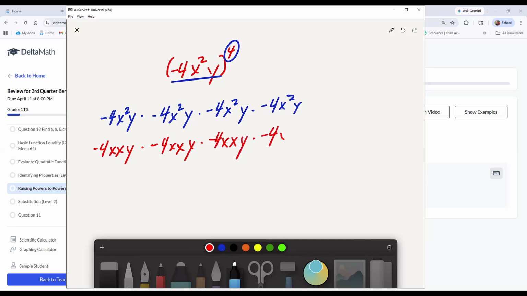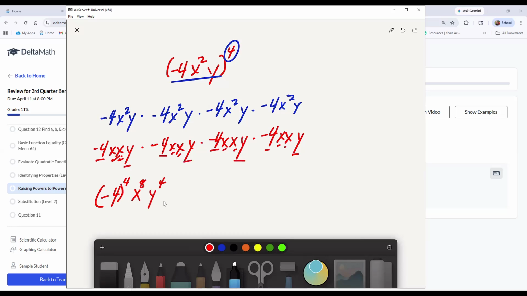And then we got this. So this is going to be 1, 2, 3, 4, a negative 4 to the 4th power. And then we're going to have 1, 2, 3, 4, 5, 6, 7, 8. We have 8 x's that are being multiplied together. And then we have 1, 2, 3, 4 y's that are being multiplied together.